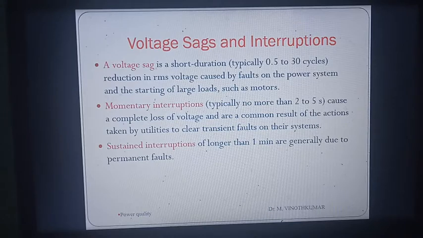It is typically no more than 2 to 5 seconds. Sustained interruptions, longer than 1 minute, are generally due to permanent faults. So the voltage will go from 0.1 per unit to 0 per unit.